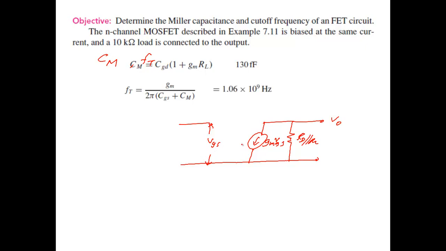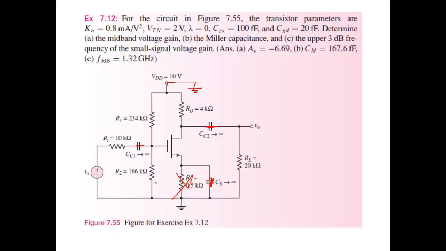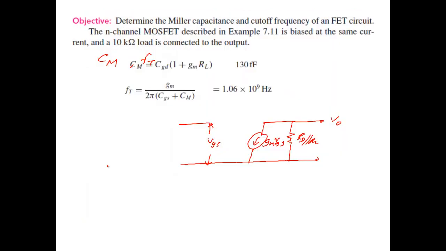At the input side, what do you have? You have R1 and R2 in parallel, with RI and VI there.